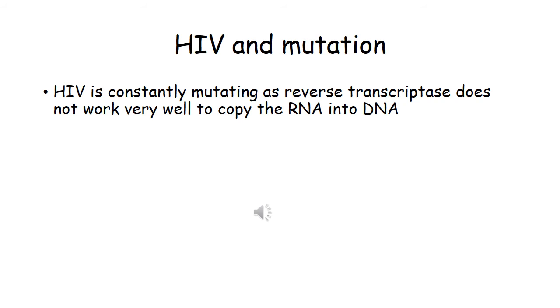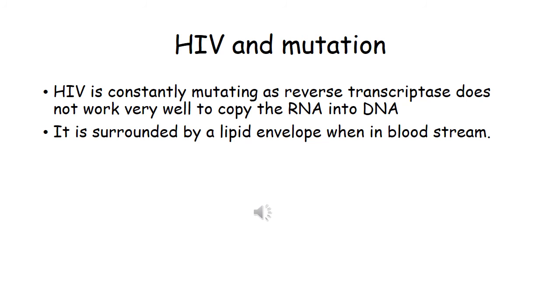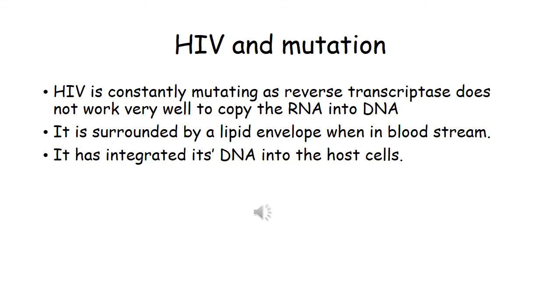Another reason why it's difficult to target HIV is that the virus is surrounded by a lipid envelope that it has gained from its host. So this is a very effective way of hiding from the host's immune system.